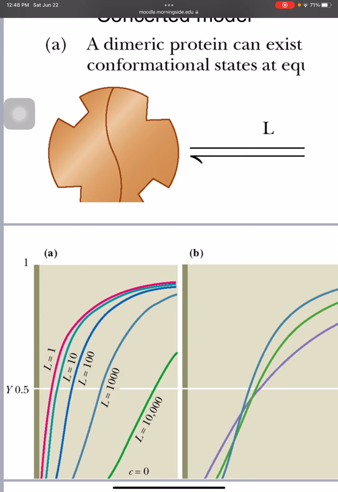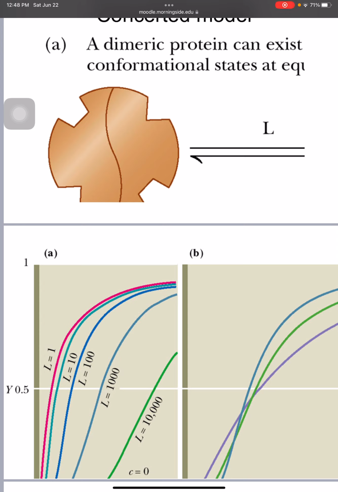Basically, the cooperativity effects are mostly seen when you don't have very much active enzyme. At that point, you can keep slowly converting inactive enzyme to active enzyme, and you start seeing these shifts.